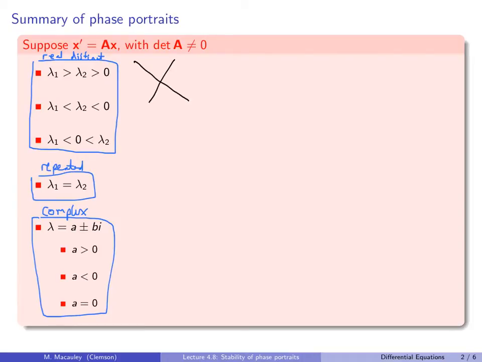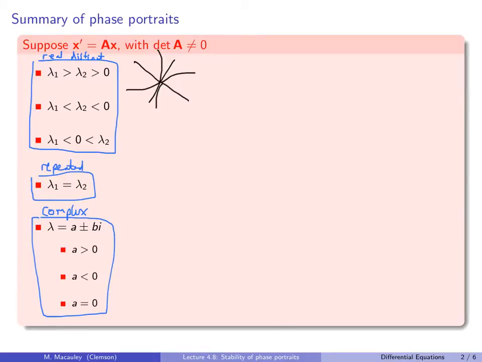They don't necessarily have to be perpendicular, and I didn't quite draw them perpendicular. We have solutions along these lines, and then solutions that bend in to the origin. I'm not going to put arrows on them because the arrows are going out when eigenvalues are positive and going in when the eigenvalues are negative.